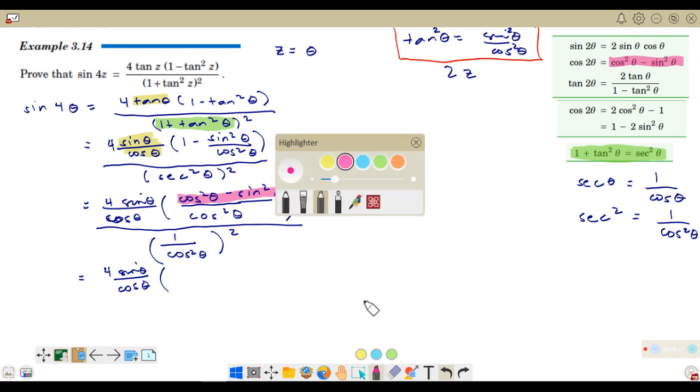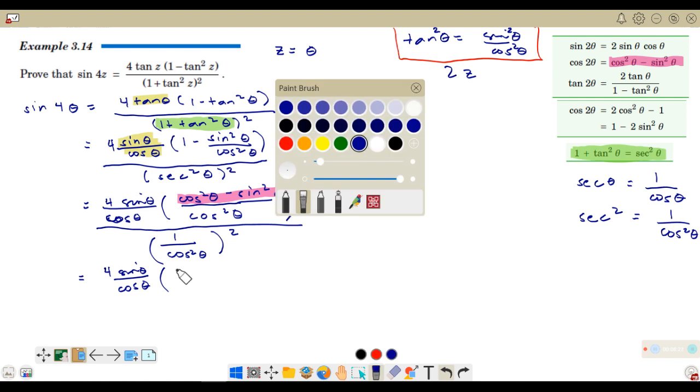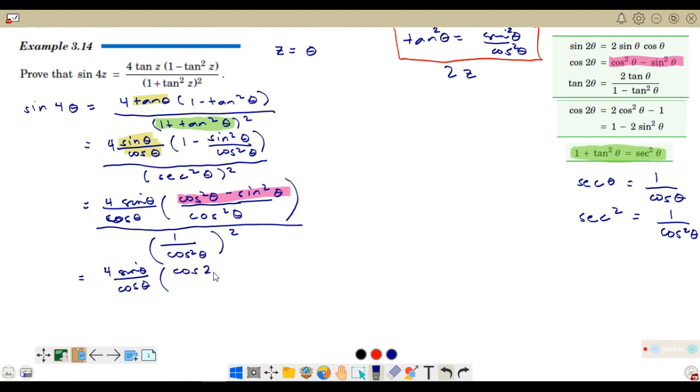So here, we will just input cosine 2 theta, ito siya, over cosine squared theta.